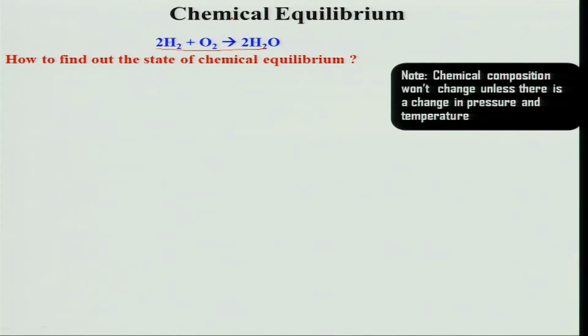If I consider only this reaction, of course in a real situation several kinds of reactions will be occurring, but I will just consider this reaction for simplicity. Now, how will we find out whether equilibrium is reached? Because if equilibrium is reached, that means the forward reaction rate will be the same as the backward reaction rate.